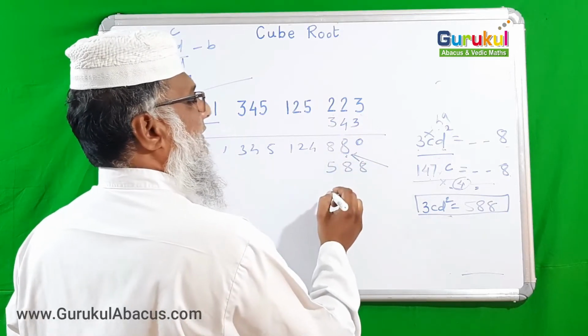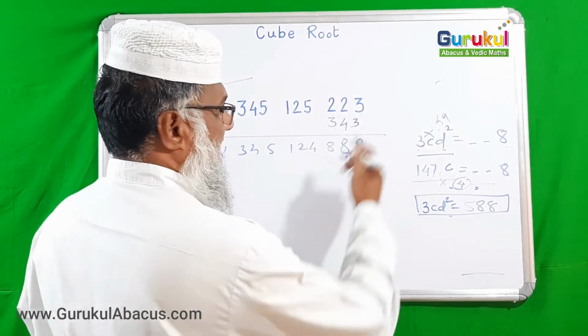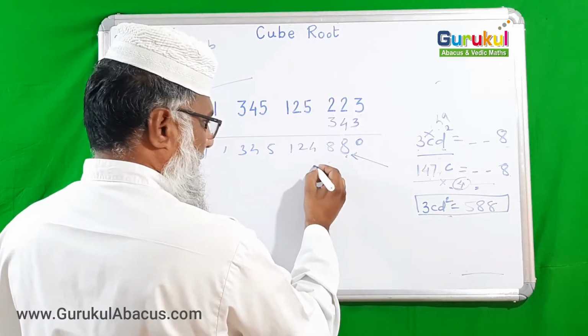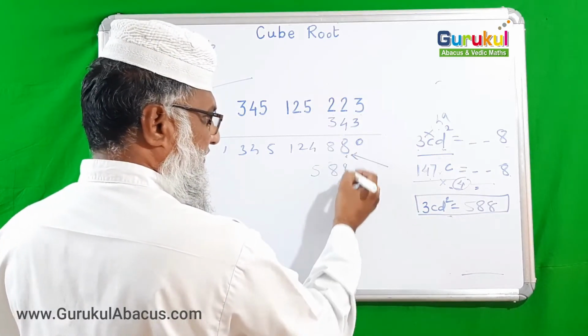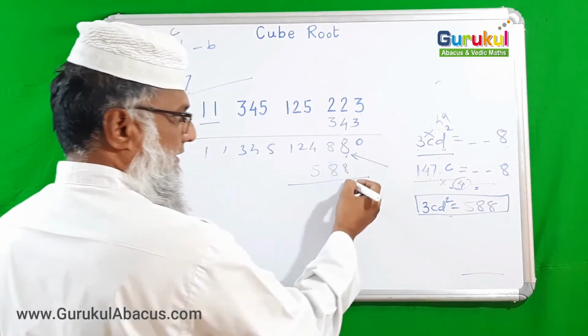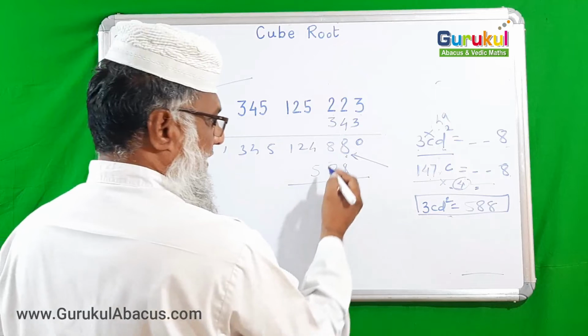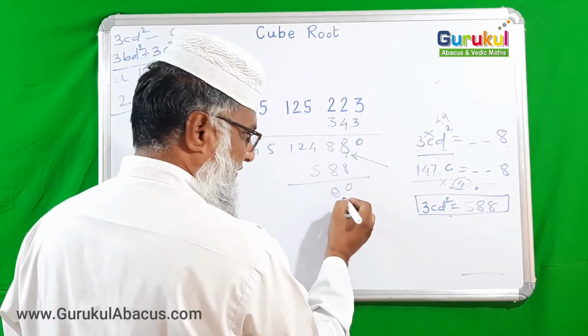Sorry, not from here, because that column has already been left out. So the value of 3CD square we have to subtract from this. 8 minus 8, 0 comes, always 0, we know it. So this 0 is important for us.